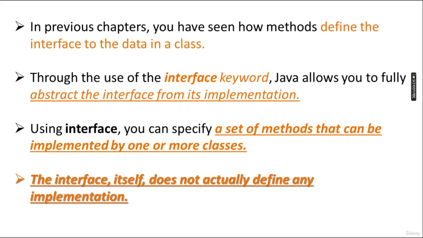You can specify a set of methods that can be implemented by one or more classes. But the interface itself does not have any implementation. So it is just like an abstract class, but there is one basic difference between them, which we will see in upcoming slides.